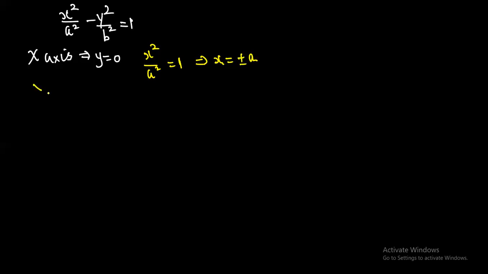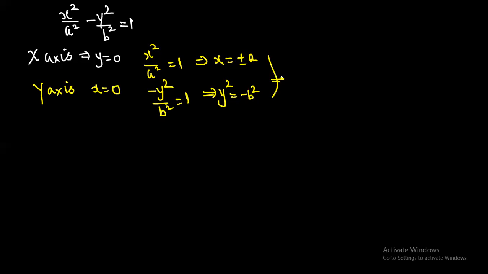What about y-axis? When y-axis, then x is equal to 0. Minus y square by b square is equal to 1. Which means y square is equal to minus b square. It will never intersect the y-axis.